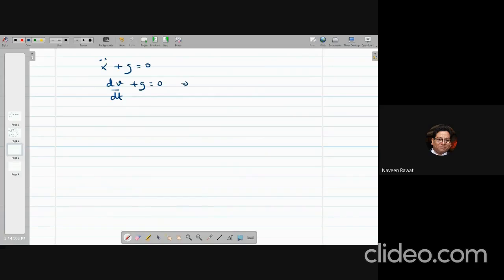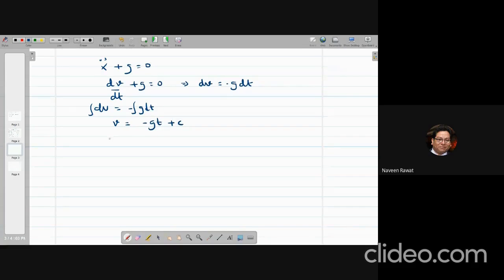I can just write this as dv is equal to g times dt, and then I can integrate on the left hand side and the right hand side. So I get integral of dv is integral of g dt, right? There is a minus sign, just for sign convention because of the problem. So now I get v is equal to minus gt plus some constant term.